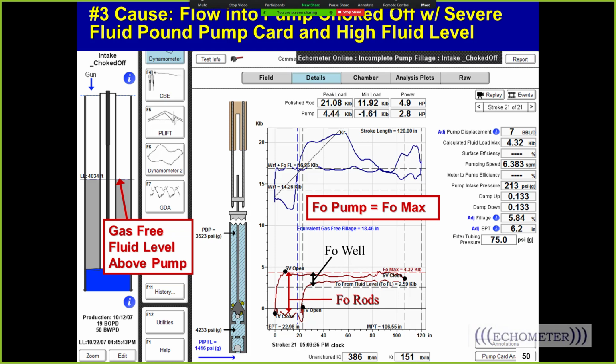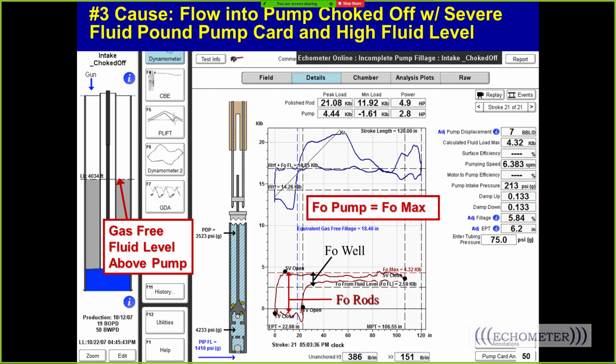Okay, so normally if you're pumped off and your casing pressure is too high, you can lower the casing pressure and increase pump fillage if the fluid level is at the pump. Now, if the fluid level is not at the pump and there's a gassy fluid column, and there's gas flowing through that gassy fluid column, and you decrease the casing pressure, then the gas flow up the casing is maintained, and the fluid level goes up, and the pump fillage doesn't increase.